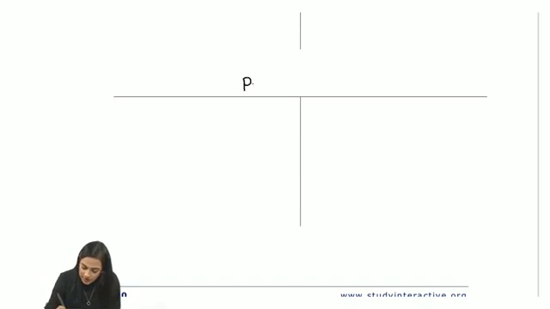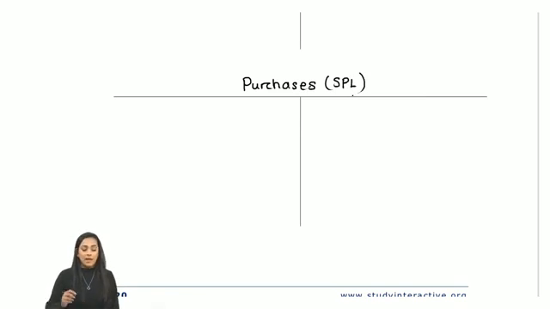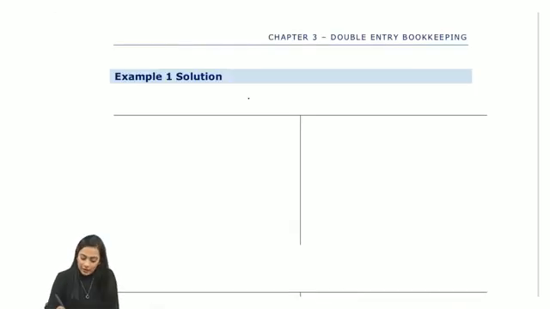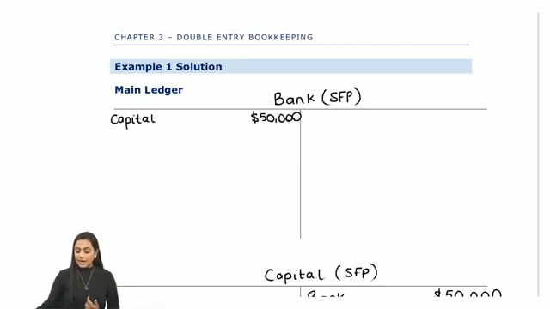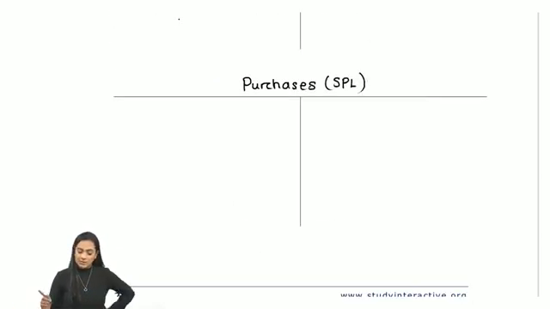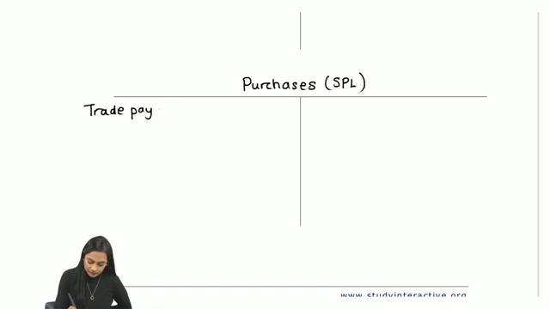So we have a purchases account. And purchases appear on the SPL because it's an expense. And on the next page, we'll have a T account for trade payables. Trade payables is a liability, so that will appear on the SFP. So the double entry stated that on the debit side of purchases, I have trade payables, 5,000.